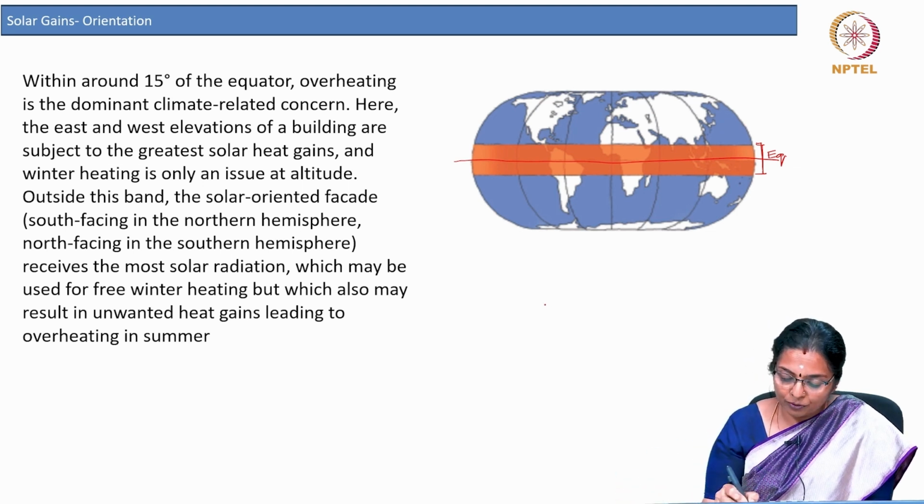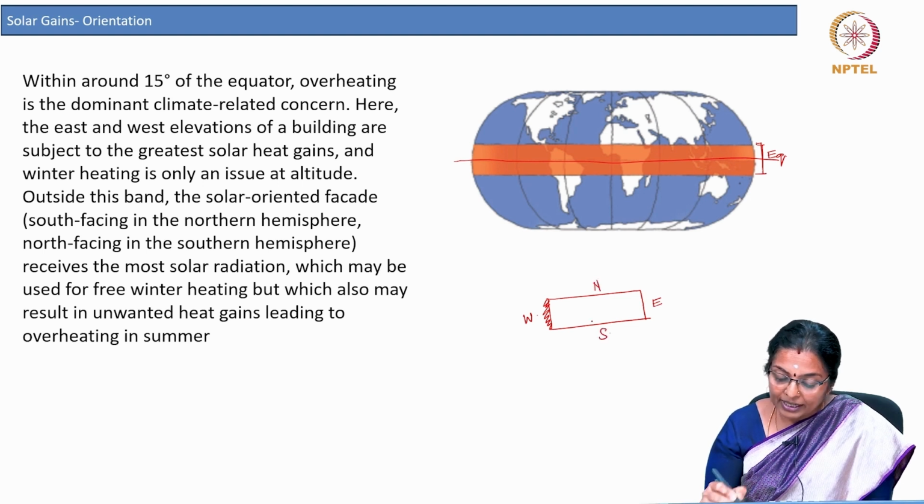In this kind of climate, you have to be very careful to ensure that your west facade, the western side, is insulated and it is short. So, it is a shorter side.